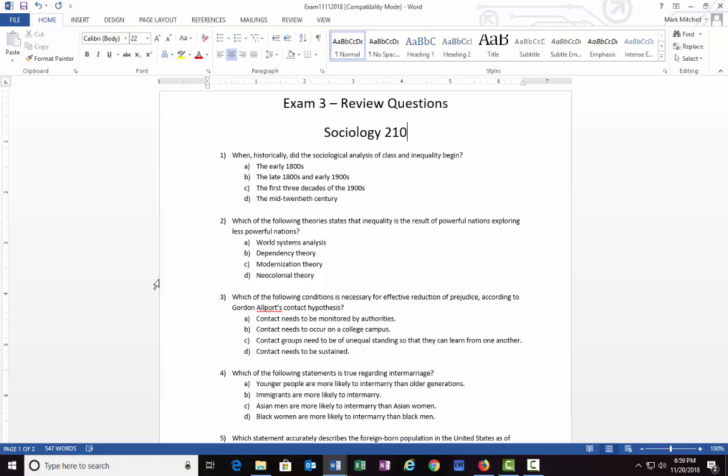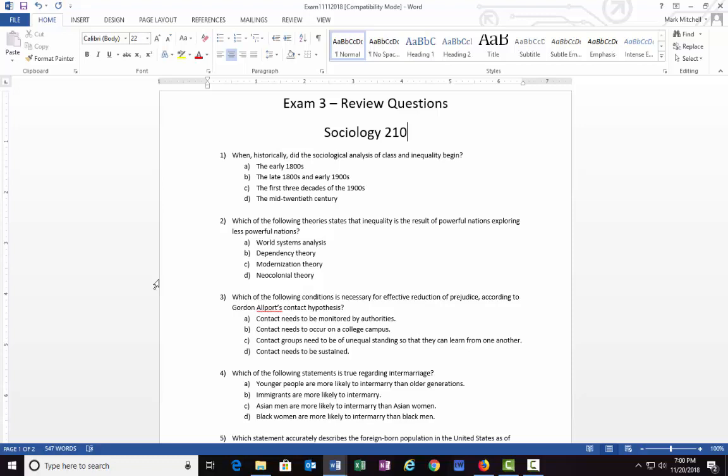B, dependency theory, C, modernization theory, or D, neo-colonial theory. So which of the following states that inequality is the result of powerful nations exploiting, I guess rather would be a better word, less powerful nations? And so, of course, the best answer option is C, modernization theory.